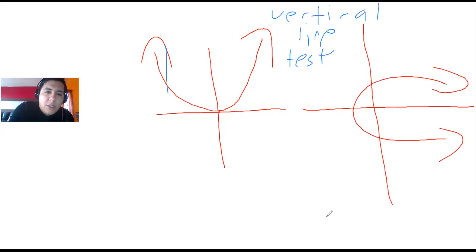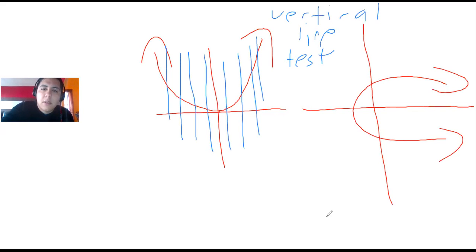Now what we're going to do is just draw a vertical line and see if at any point the vertical line touches 2 different points on the graph, then this would not be a function. So in the first one, we can draw as many lines as we want, and it's never going to touch 2 different points. So, or sorry, the same points.